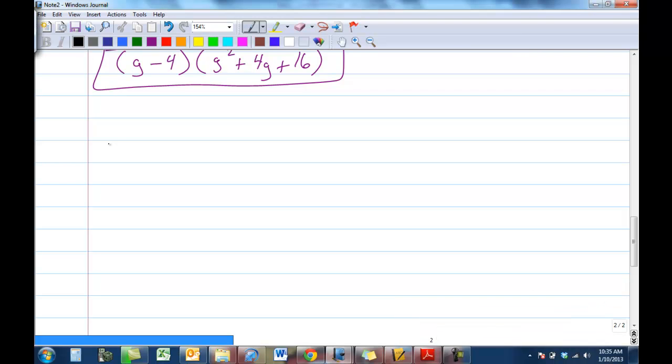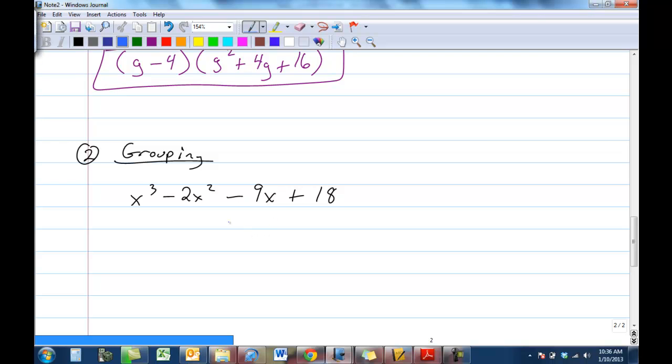All right. The last one, number 2, is called grouping. Here's what's up with grouping. X to the third minus 2x squared, minus 9x plus 18. Now, you've seen grouping before, but you don't know that you've seen it. Check this out.